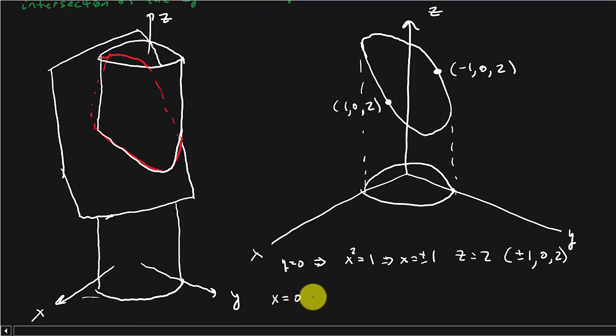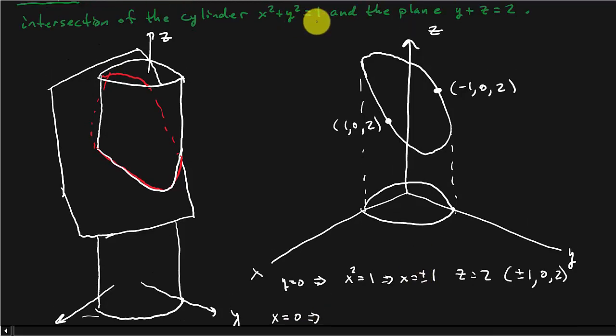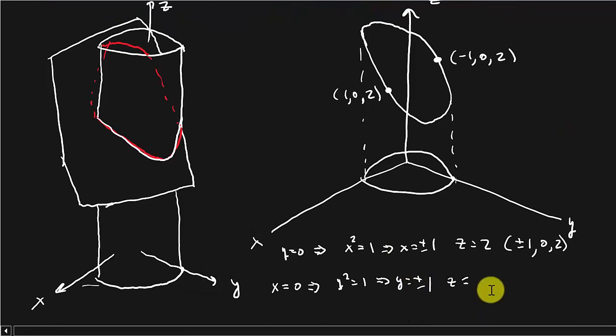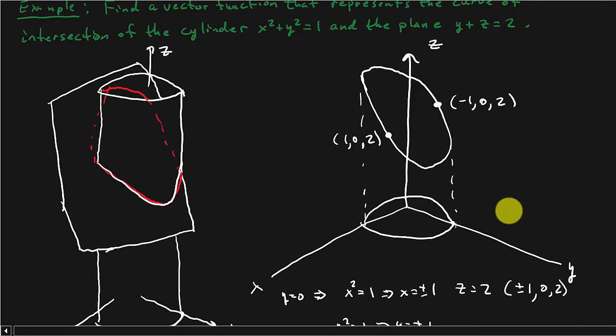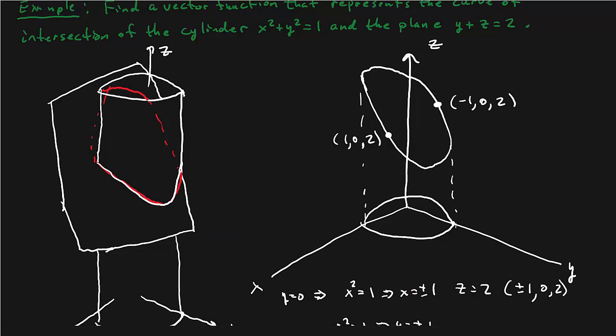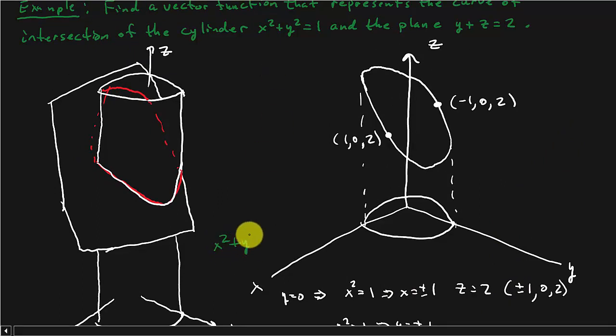And then I can say, okay, well, what about when x is 0? Well, when x is 0, that's going to give me y squared is 1, so y is equal to plus or minus 1. And z would be what? Well, there's going to be 2 things that happen here. Let me write these equations right here.